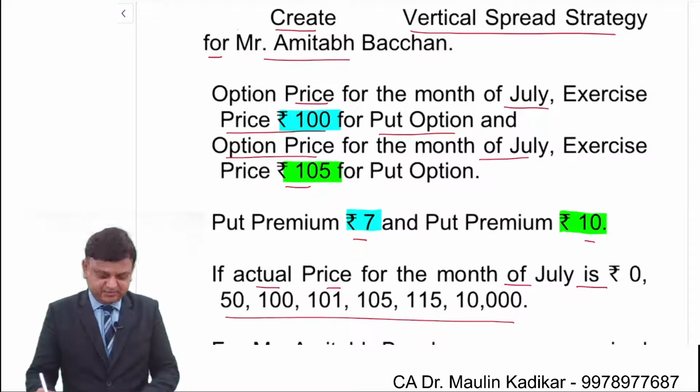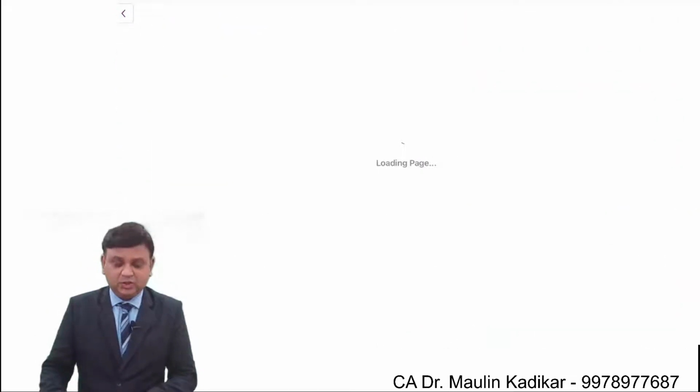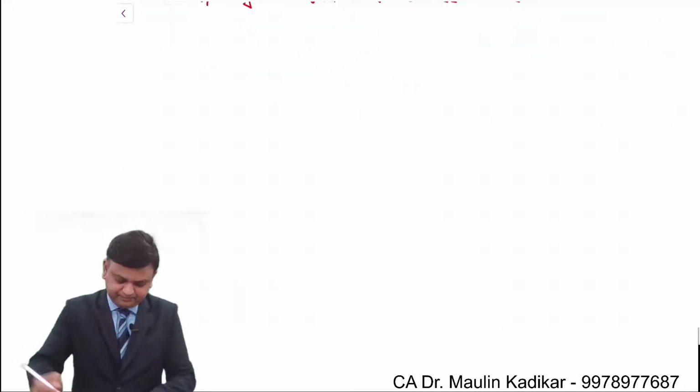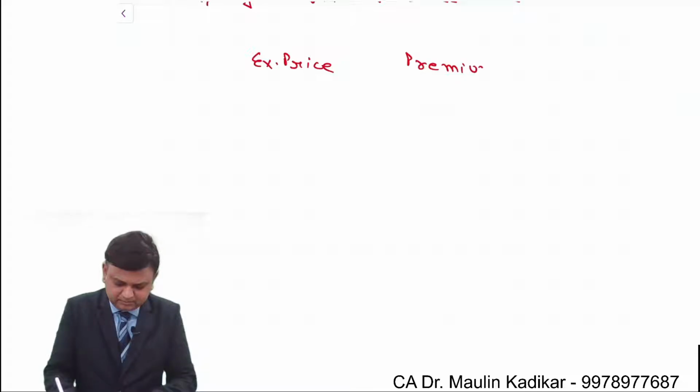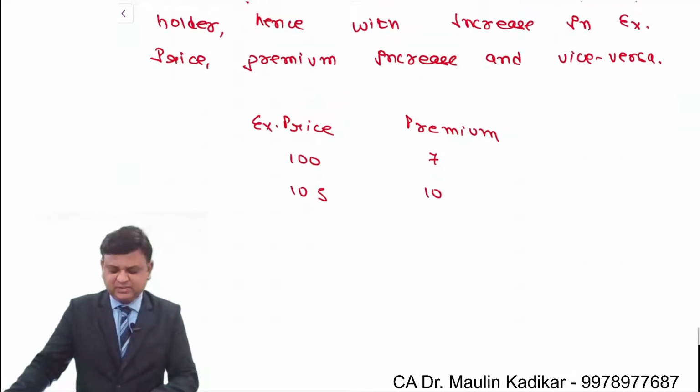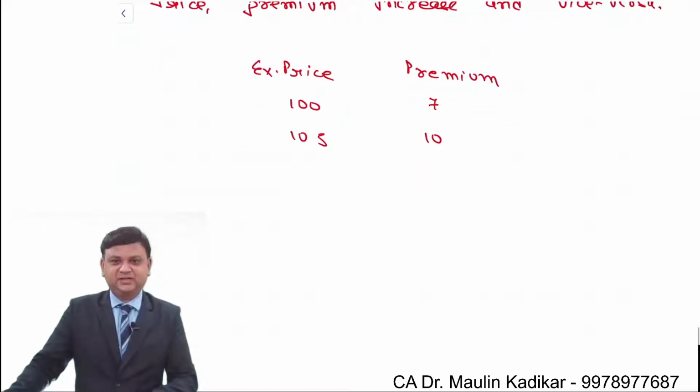That is what we understand. So we can say something like this. Exercise price and premium: 100, 105, 7 rupees and 10 rupees. This is what we understand.